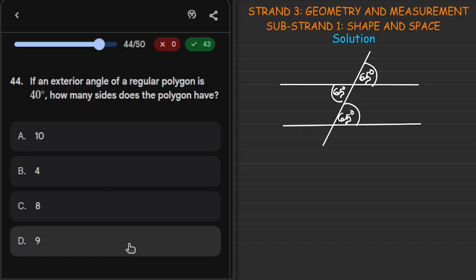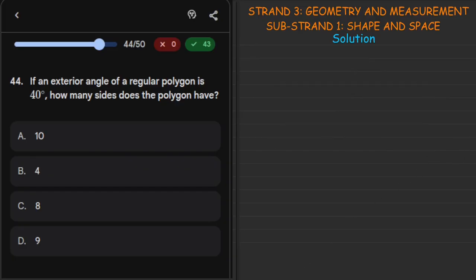Question number 44. So for question number 44, it says, if an exterior angle of a regular polygon is 40 degrees, how many sides does it have? So for one exterior angle, we know the formula is given as 360, the total exterior angle, over n equals what? 40 degrees.